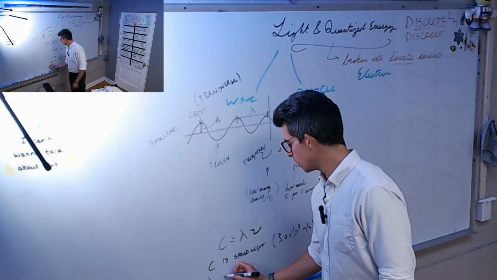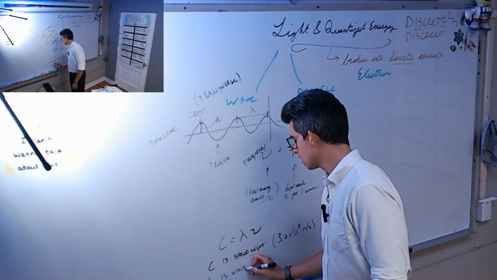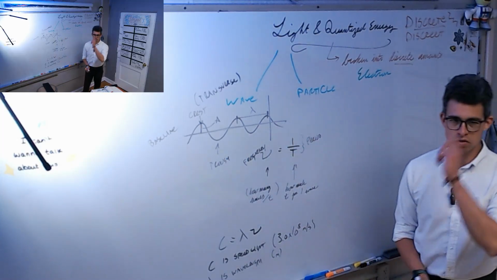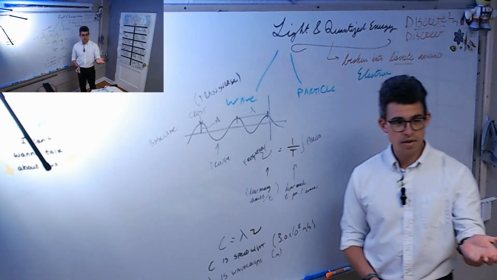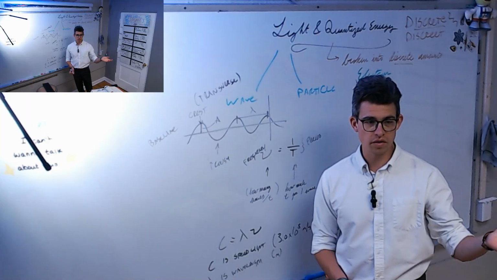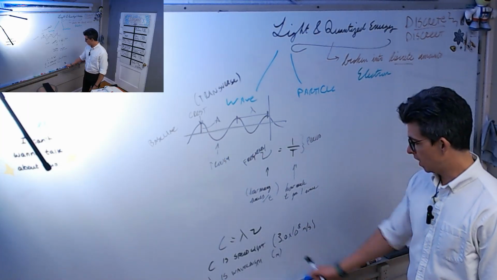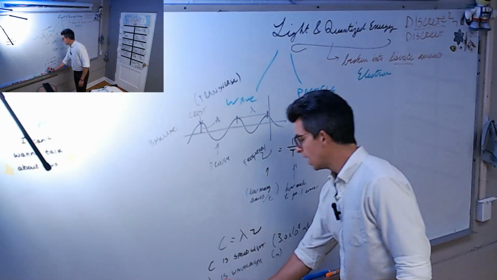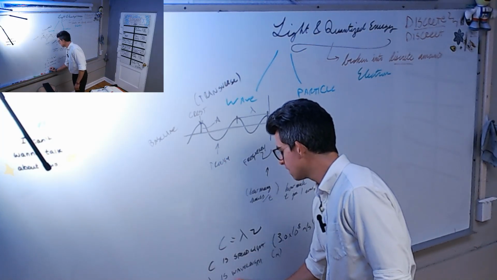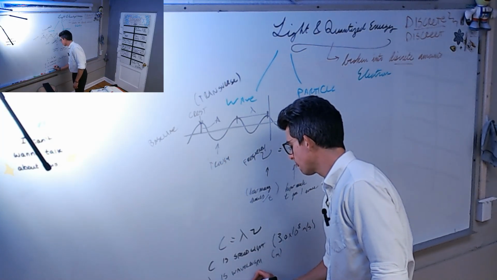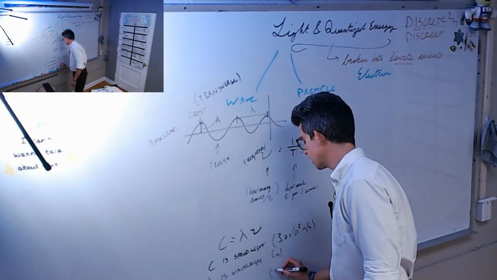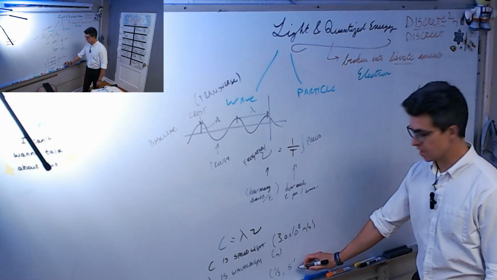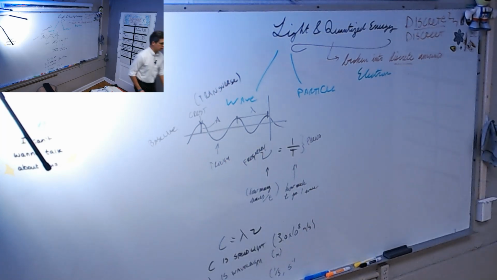As we said, the lowercase lambda is wavelength. I'm going to put that it's measured in meters, although we very often use, especially for light, nanometers, which is billionths of a meter. But it's still fundamentally a meter. We just add prefixes to make the numbers easier to work with. And then nu, frequency, is measured in 1 over seconds, or an inverse second, which is seconds to the negative first power.